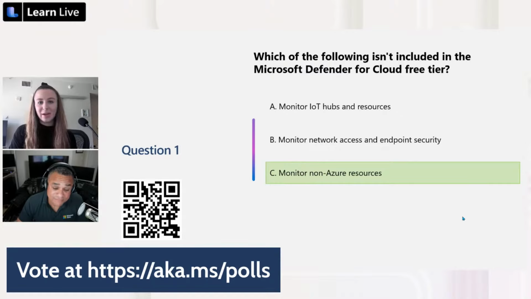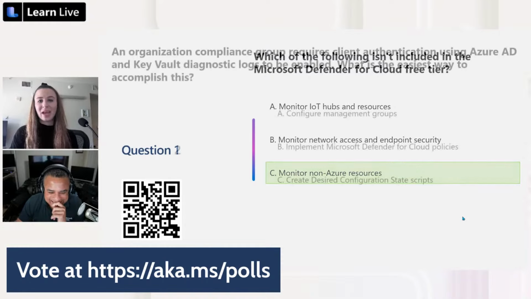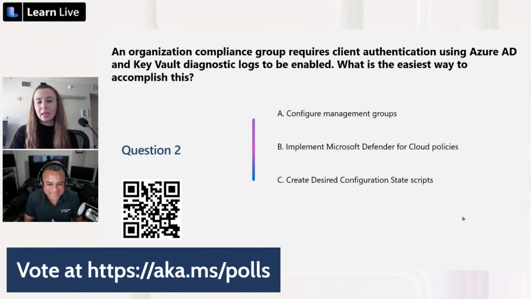We do include that for AWS and Google Cloud Platform, but you're not going to get any of the workload protection capabilities for those. So you are able to monitor those non-Azure resources with CSPM only and the foundational capabilities. This question, maybe it's a little outdated, maybe it's a little confusing right now. We'll figure it out on our end, but you can get a free component for AWS and GCP.